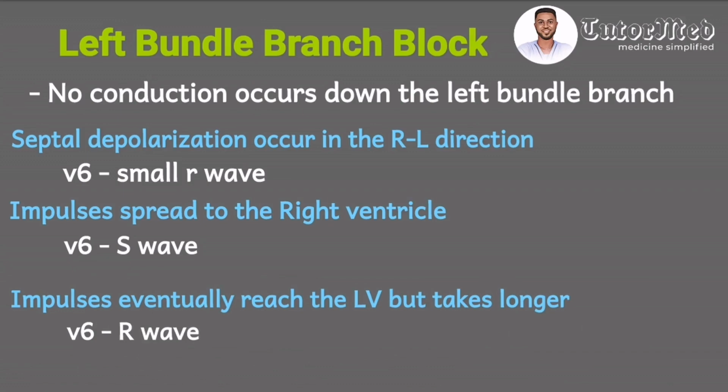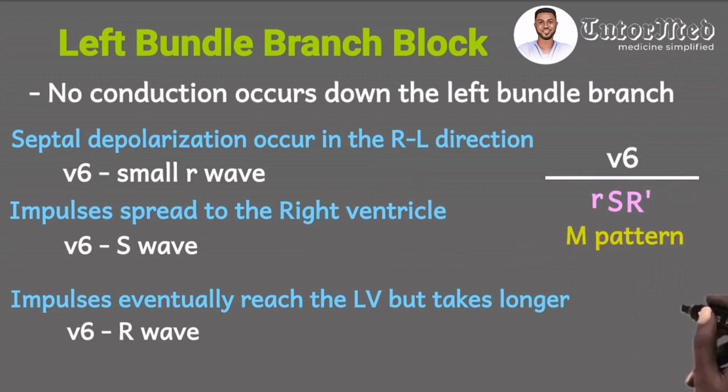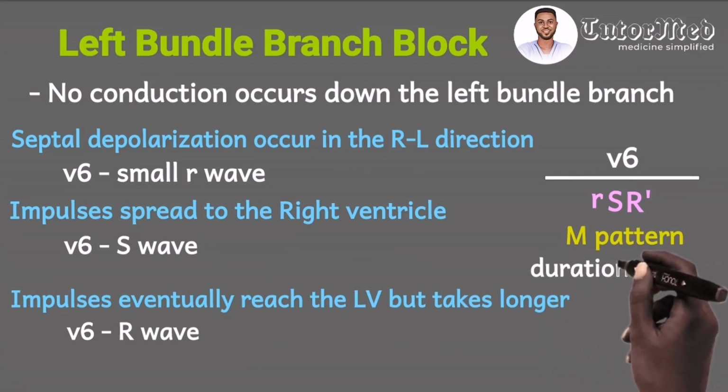And so adding all together, in V6 you would have an R, which is from the septum, an S, which is from the right ventricle, and an R prime, which is from the left ventricle, resulting in an M pattern. But this S wave typically gives a notch. We will demonstrate this on the ECG. And then again, because of the delay, the overall duration will be more than 3 millimeters or 3 small boxes.